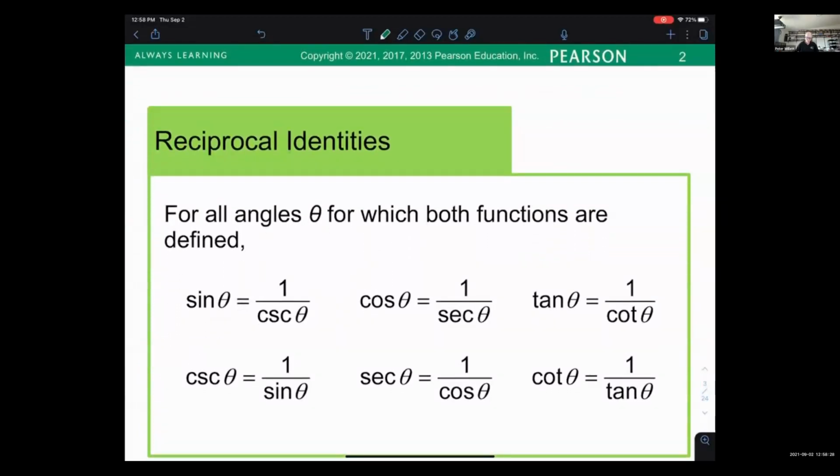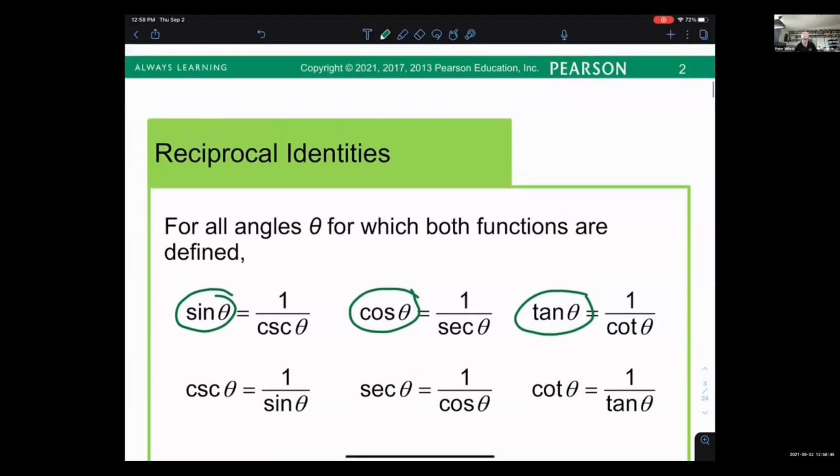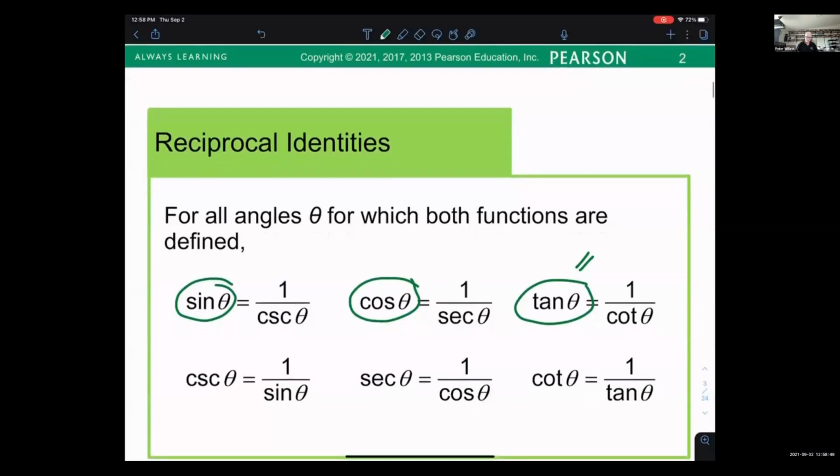So here's sine, here's cosine, and our third trigonometric function is called tangent, or tan of theta. For the tangent of theta, I'm going to write in an extra step here to expand what they're doing.